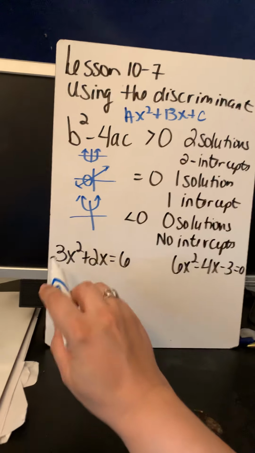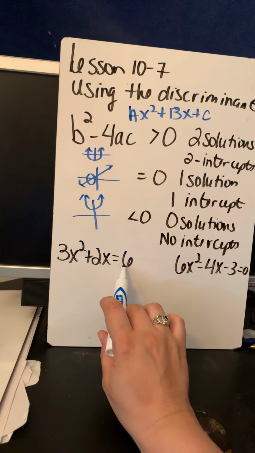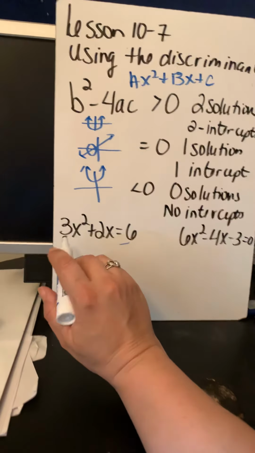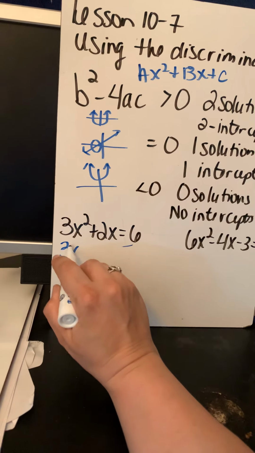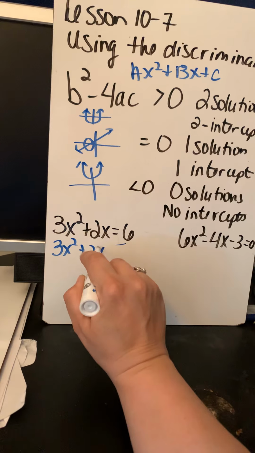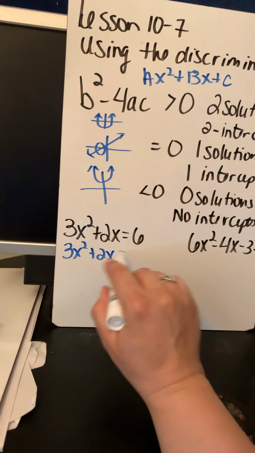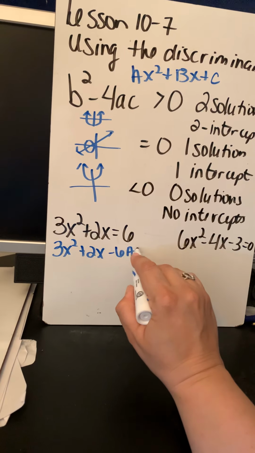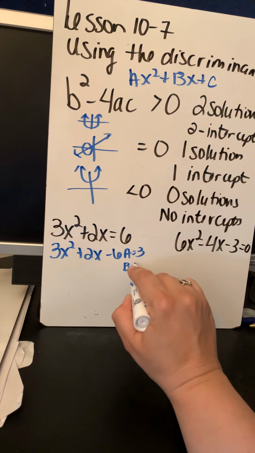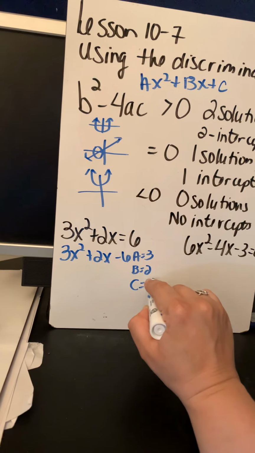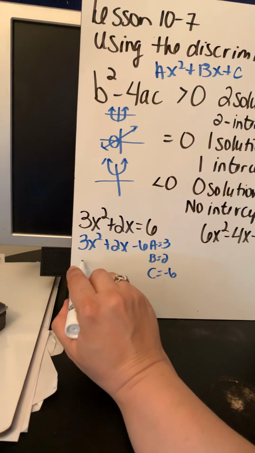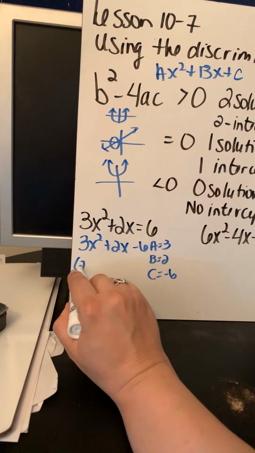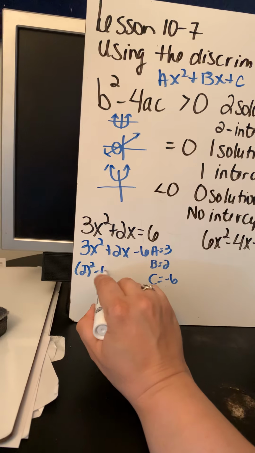Okay, so down here, very first thing, make sure you get it equal to 0. So we'd have 3x squared plus 2x, and you are very good about this now when you're taking it over. Subtract that 6. Label, a is 3, b is 2, c is negative 6, and then plug in b squared minus 4ac.